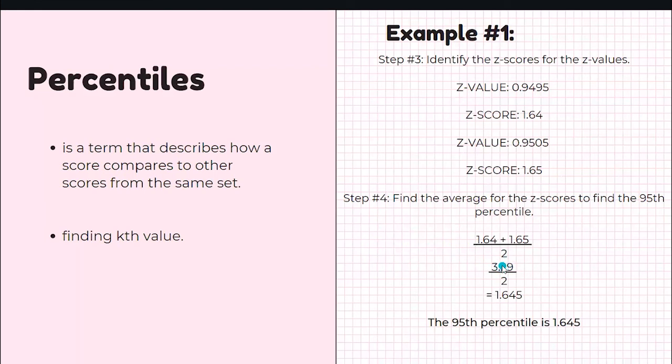And 3.29, we're going to divide by 2. And the answer is 1.645. So the 95th percentile is 1.645. So that is how you compute or find the percentile or the kth value.